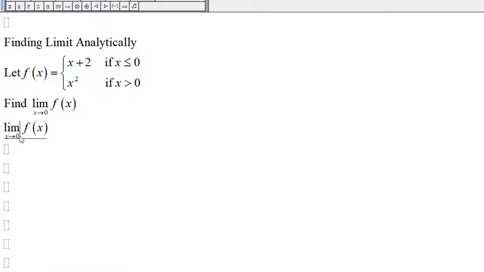So first, let x approach 0 from the left, and then let x approach 0 from the right.